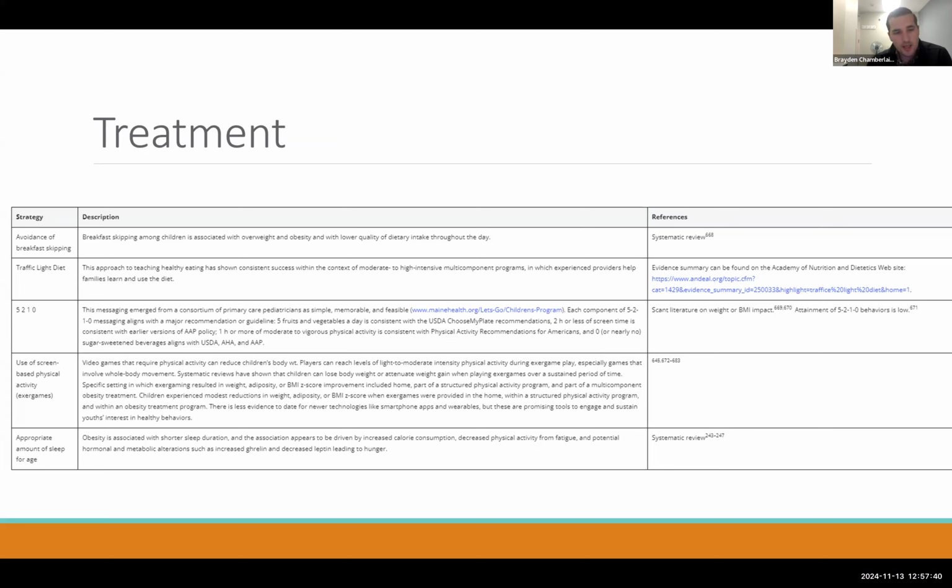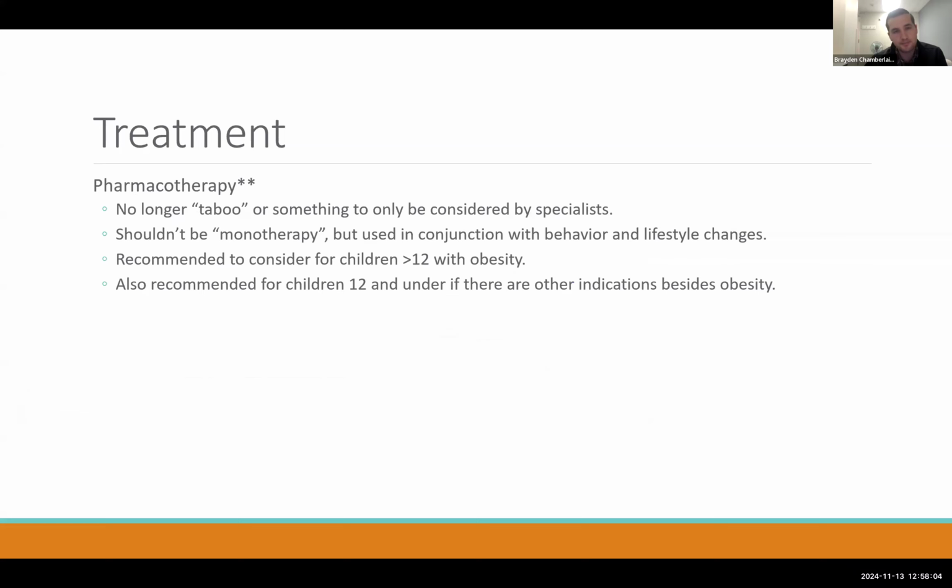But regardless, if they are sleeping less, they do have a risk for having more obesity. So getting that average of somewhere in the 9 hour range, obviously it changes based on age, but trying to get the recommended amount of sleep could be a potential option that you could consider for the treatment of obesity.